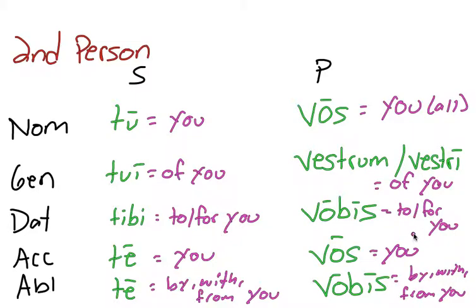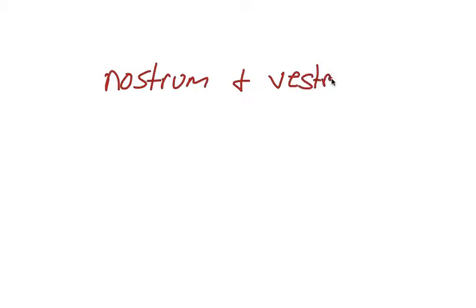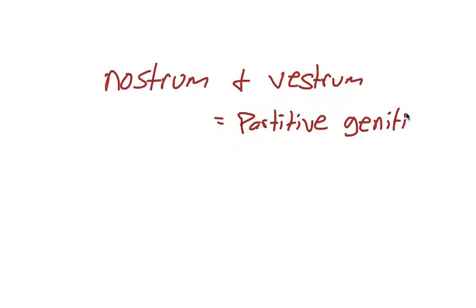Okay, now that we've looked at both first and second person, I should tell you about the genitive plural forms. So nostrum and vestrum are used for partitive genitive. Remember we learned partitive genitive last chapter.